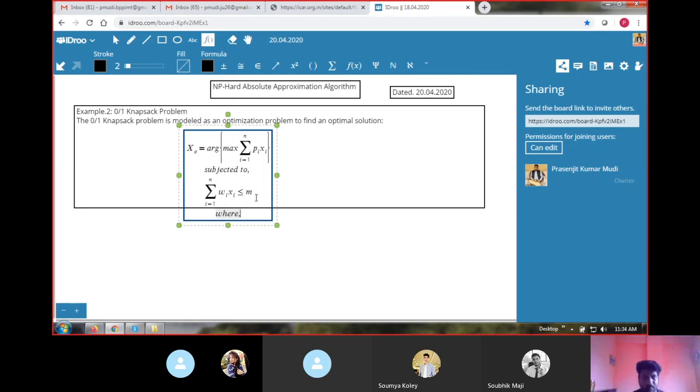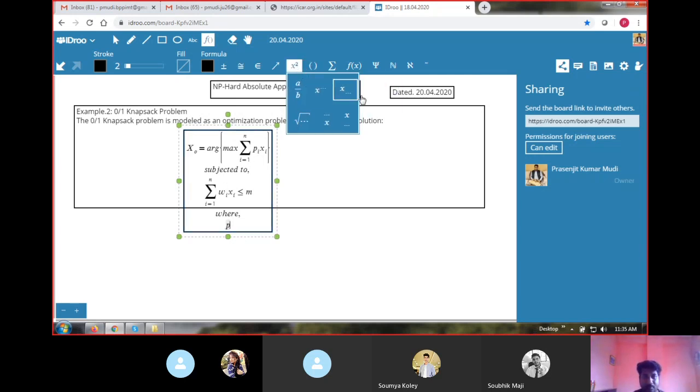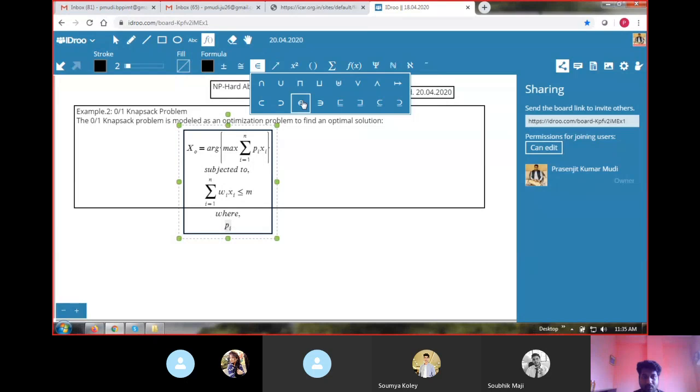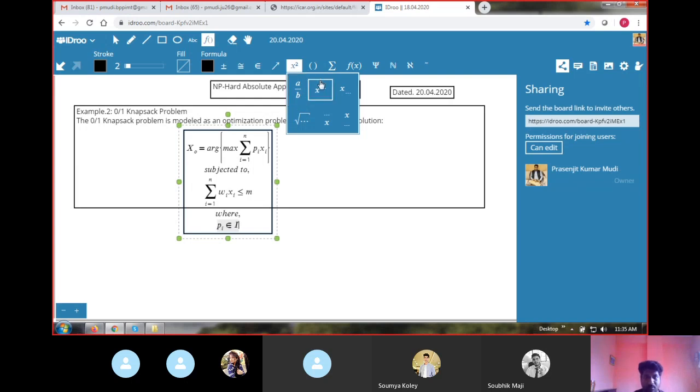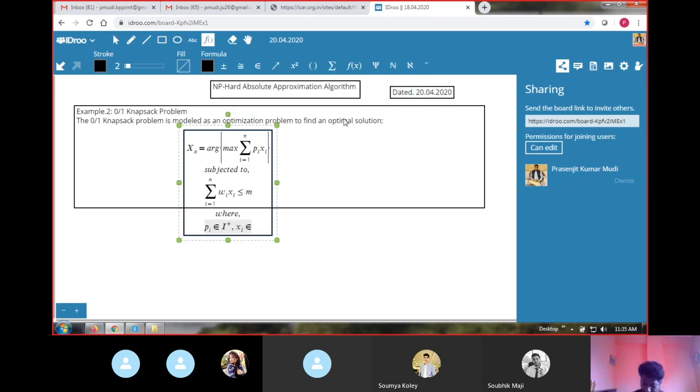Where Pi belongs to I plus, obviously, and Xi belongs to {0, 1}, its value is either 0 or 1.